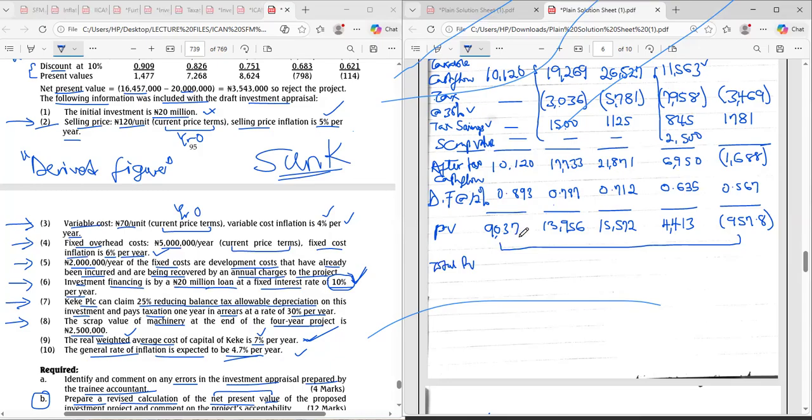This is 903,637, 13,956, 15,572, 4431, 957.8. Forget about the 0.2. Yes, you add all these positives and take out this one. You got this one?